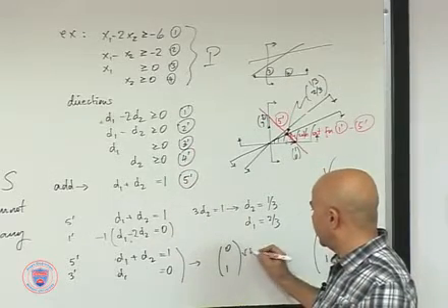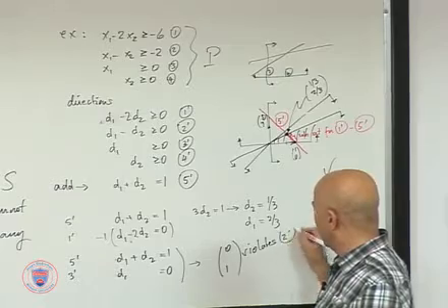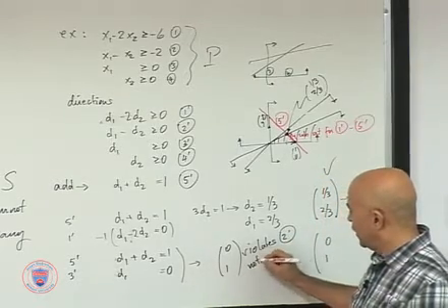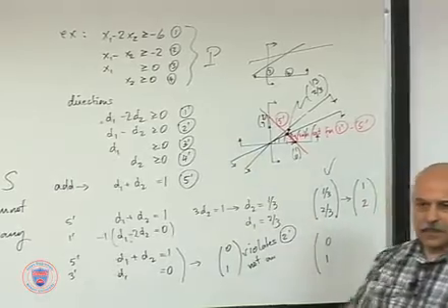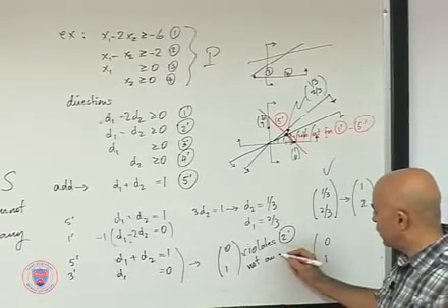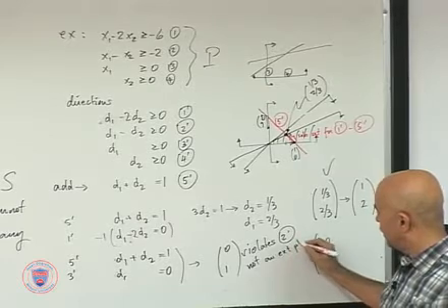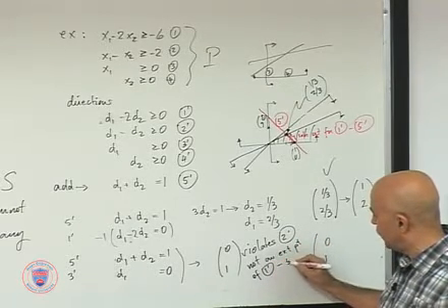So this violates 2 prime, which means not an extreme point of the enlarged set, not an extreme point of the system defined by 1 prime through 5 prime.